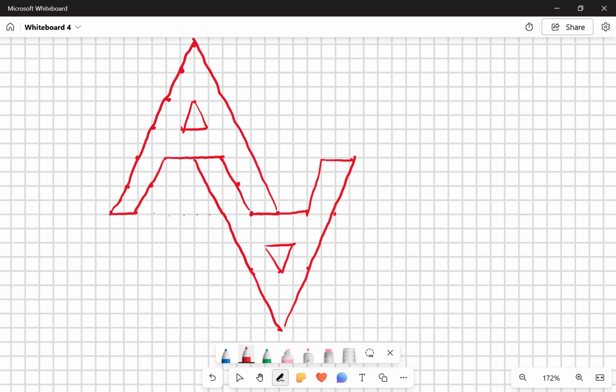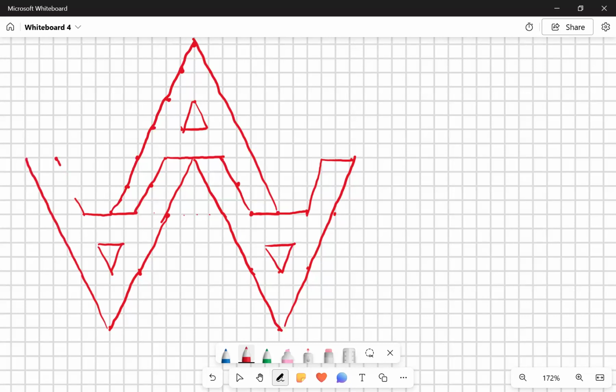I can draw another A going this direction down here. And then draw the flat piece here. And there's going to be the triangle. You kind of get the idea. I can keep drawing these tessellating A's. Two upside down and then two right side up.